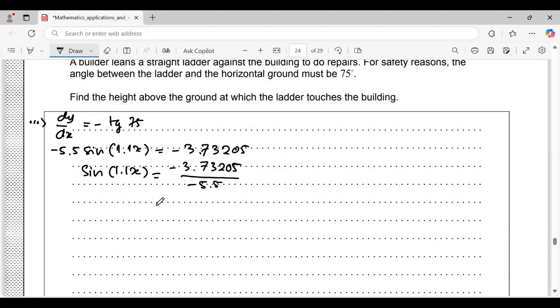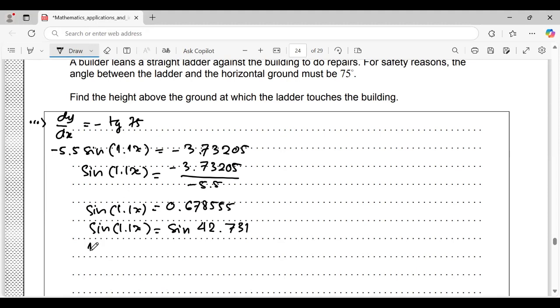So sine 1.1x equals 0.6785551. And sine 42.731 degrees is 0.678555.